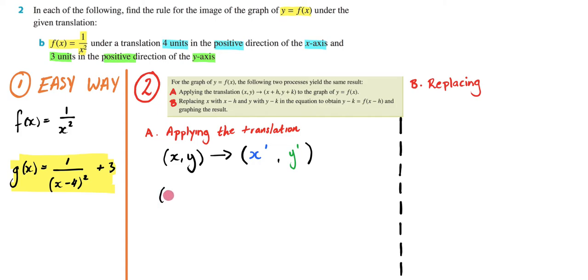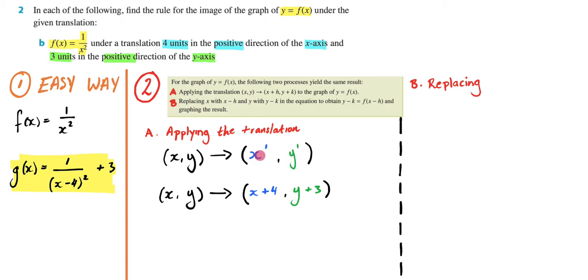So let's explore this a bit more. We have our original point, and my new coordinate for my x value is going to be x plus 4, because I'm moving it 4 in the positive x direction. And then my new one for the y will be y plus 3, because I'm going 3 up. Both of these are my new point.